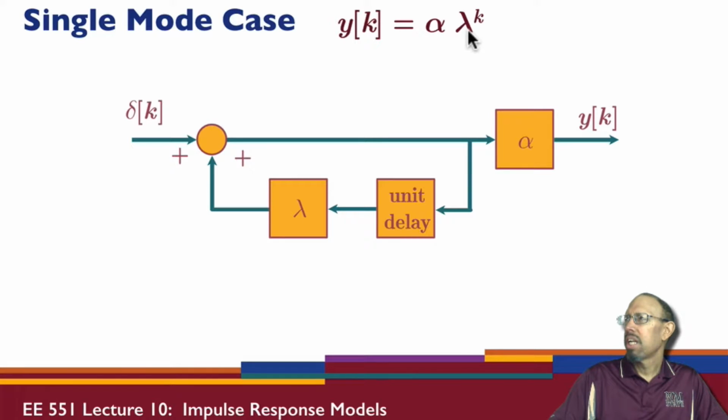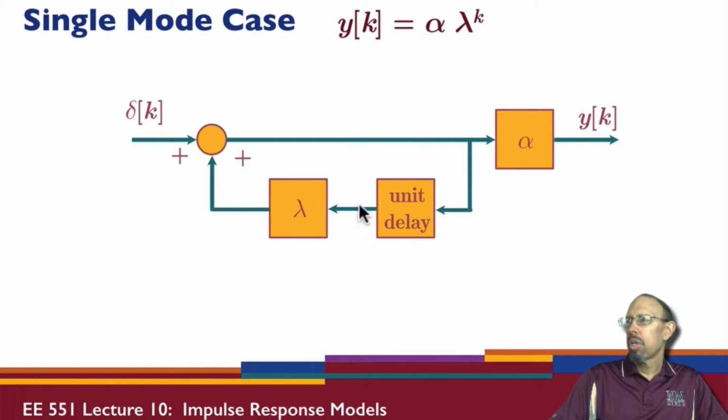Notice that when k is equal to 0, I'll get alpha times lambda to the 0, which is 1. So alpha. The next time through the loop. Remember, in discrete time, we can think of it like a computer algorithm where you have a loop, and each time you go through the loop is the next k.